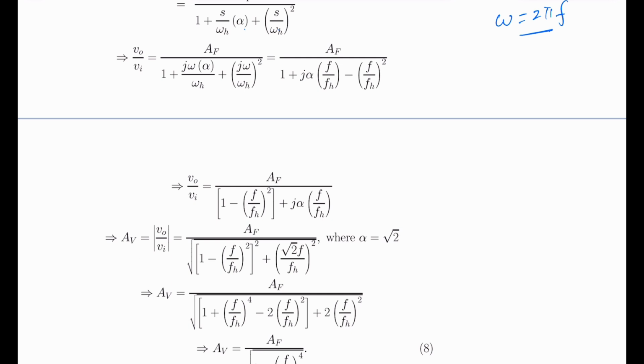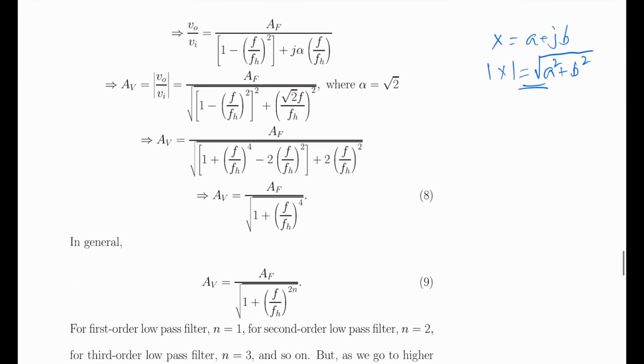Mod of this is AF divided by root over (1 minus (F upon Fh) whole square) whole square plus (root 2 F upon Fh) whole square. Because you know that if we have x equal to a plus jb, then mod of x is nothing but the square of the real term plus the square of the imaginary term, and then square root of this. So this has been used here.